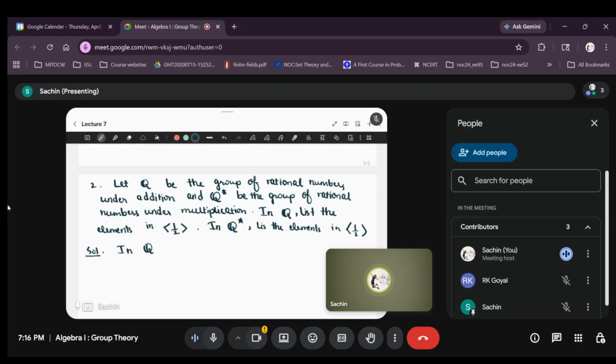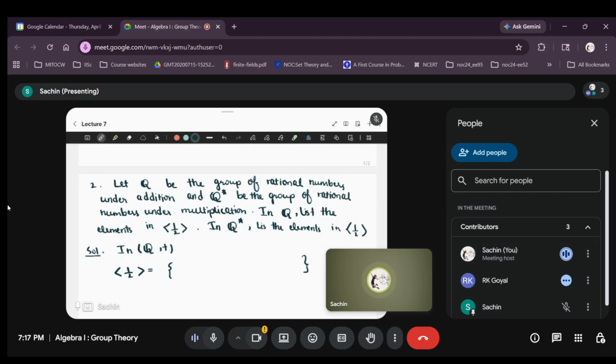First, we will see in Q under addition what will be half. All multiples of half when it is additive notation.